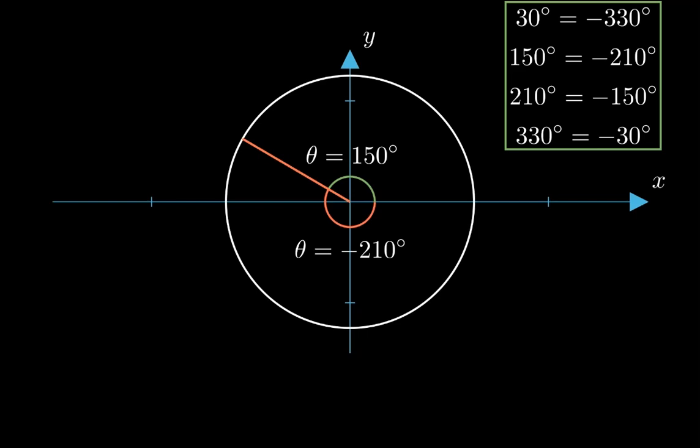In other words, the sine of 150 is equivalent to the sine of negative 210. What you need to note is that these angles have an inclination to the horizontal of 30 degrees, the 30 you got in the first quadrant.